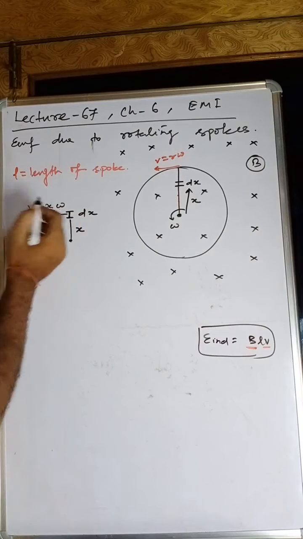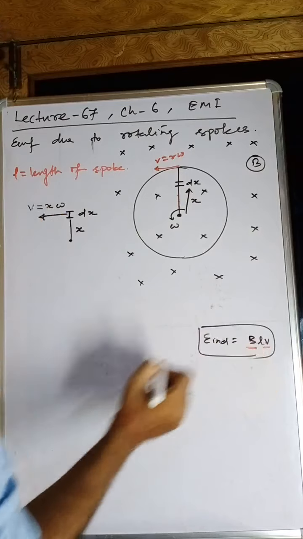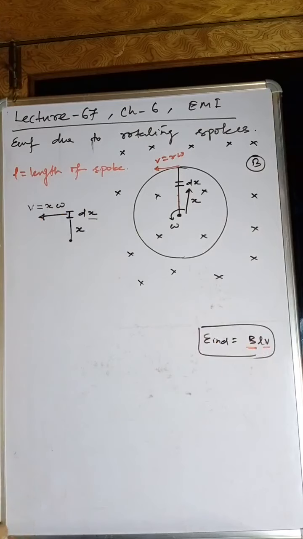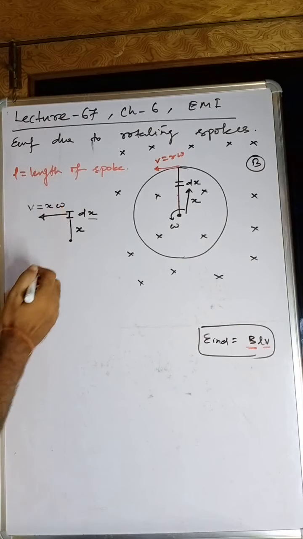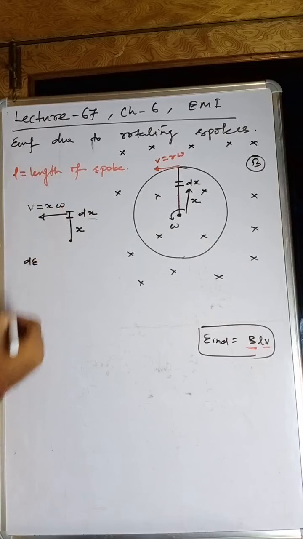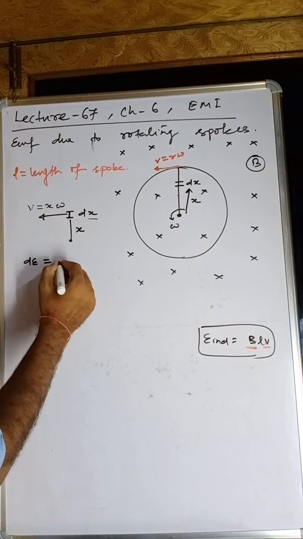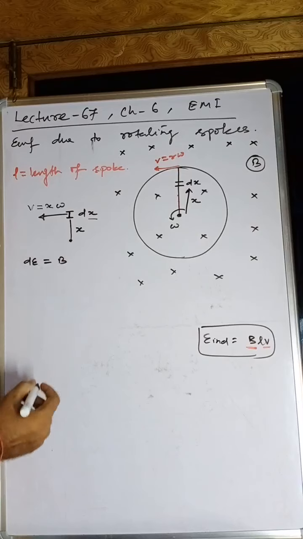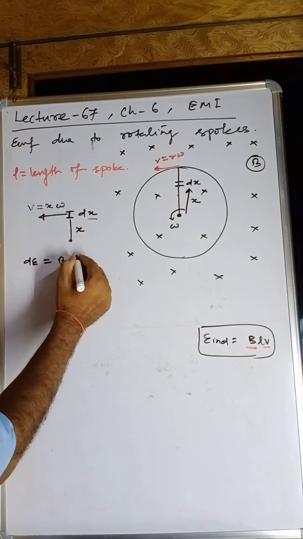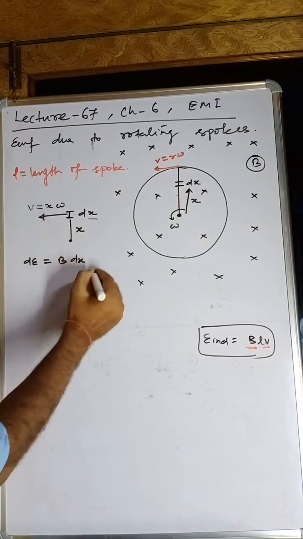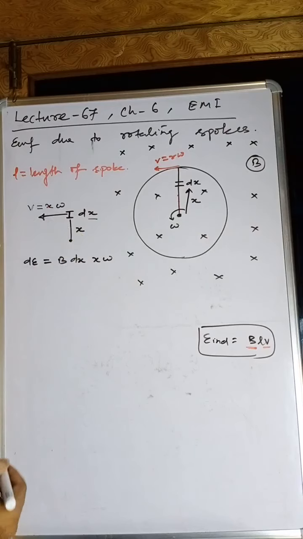Now we have the velocity, the length of the spoke dx, and B is uniform, so we can write for this very small elemental spoke the EMF will be very small. Suppose it is dE, and it is BLV, where L is dx and V is x omega.